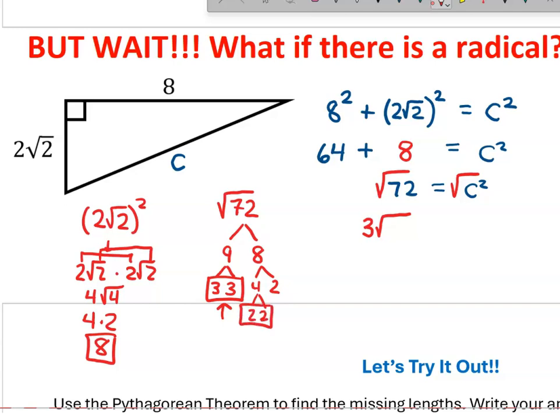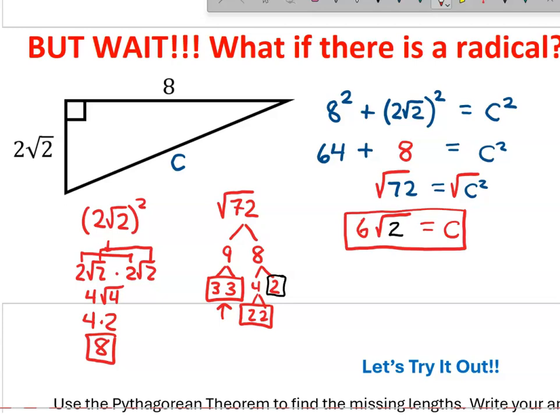And 4 is 2 times 2. So I can also pull a 2 out of this as well. That makes it 6, by the way. And then the only number that we were not able to pair off as a perfect square was a 2. So that remains on the inside. And just as I mentioned, since I have a 2 and a 3 on the outside, I can just multiply that together to say 6. So the precise answer here in radical form is 6 root 2.